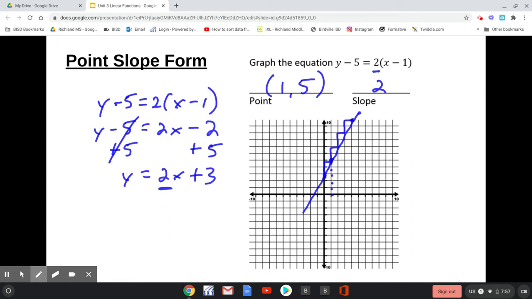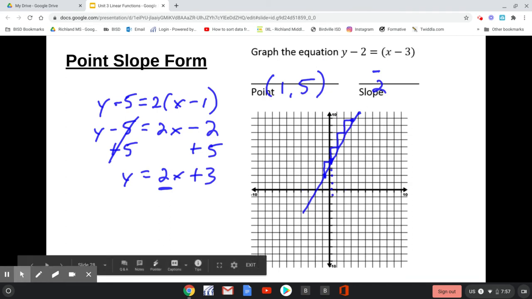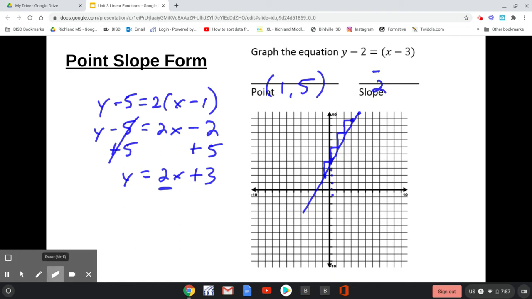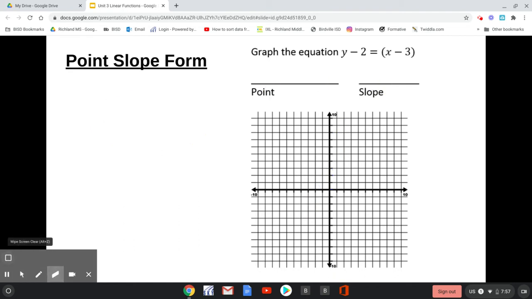Here's the next one. Okay, it's another similar one. Here we go. So we have this equation, and we know there's nothing in front of this. If it's like this, that means there's a 1 here.